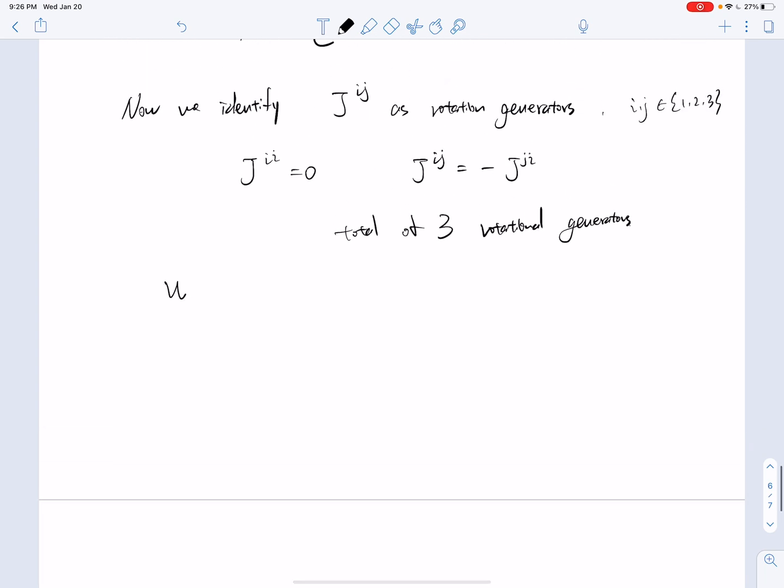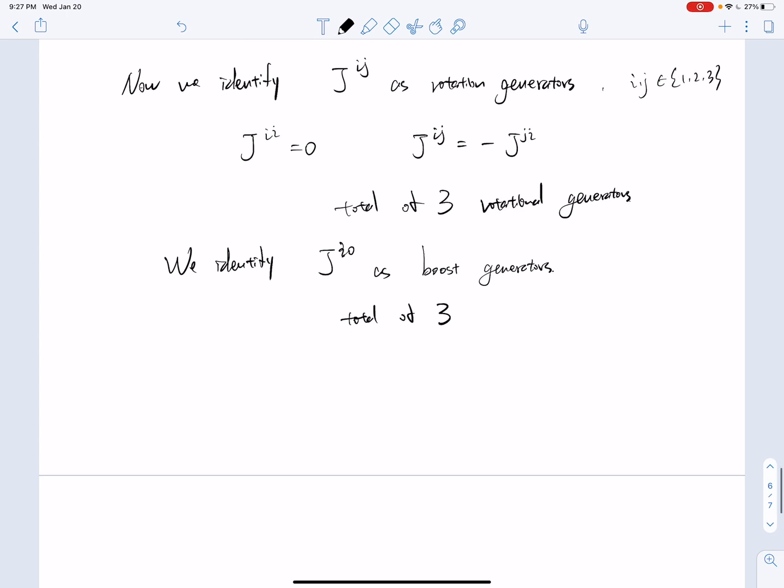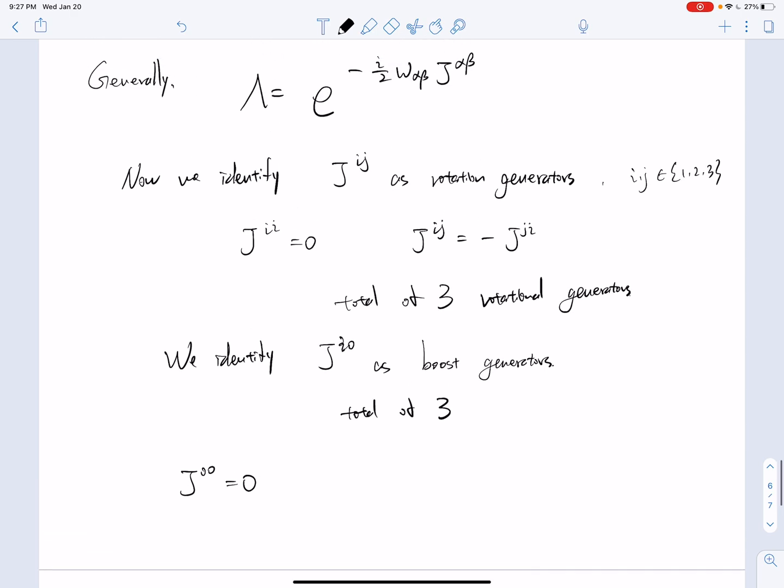We also identify J i0 as boost generators. Again, this i goes from 1 to 2 to 3, and J 0i is just minus J i0. So there's a total of three boost generators, and J00, of course, is just 0, so we don't need to consider it.